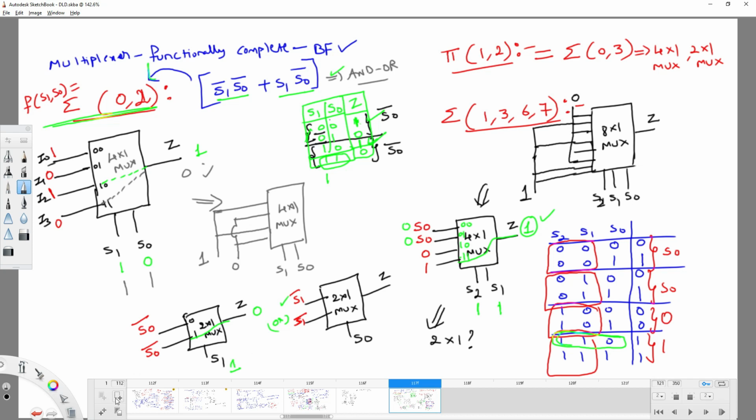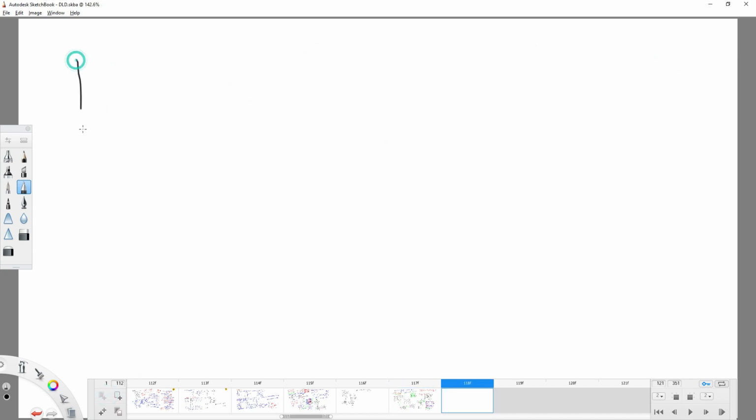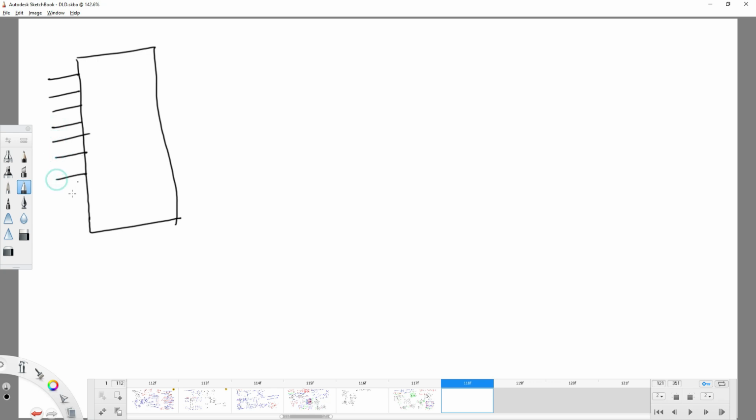If you observe the 8 by 1 with inputs 1, 2, 3, 4, 5, 6, 7 and 8, this is 8 by 1 actually. Now can I get it from 2 by 1 muxes? This is one 2 by 1 mux, this is one more 2 by 1 mux, and this is one more 2 by 1 mux. Each is going to produce one output.